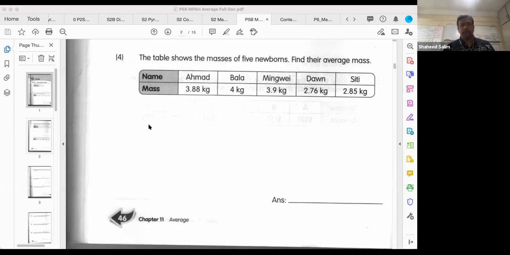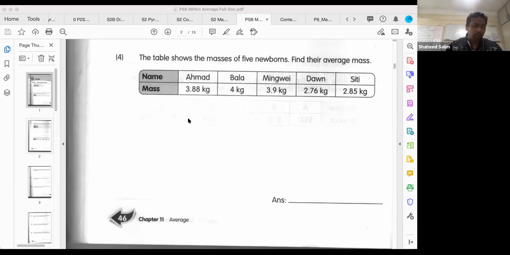Is that using mental calculation? Use calculator. Come on. Okay, well done, Izzat.